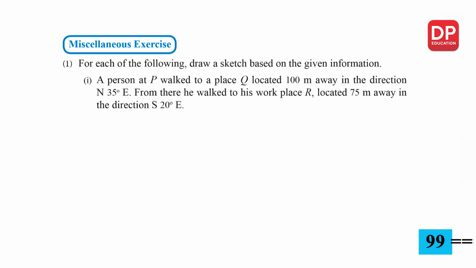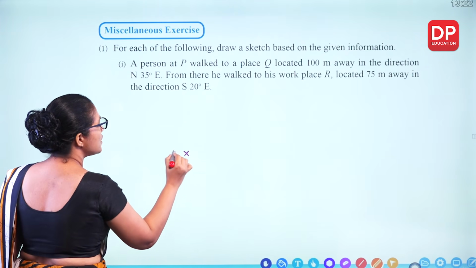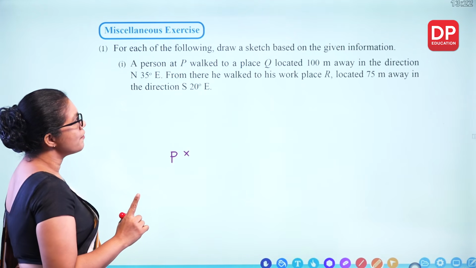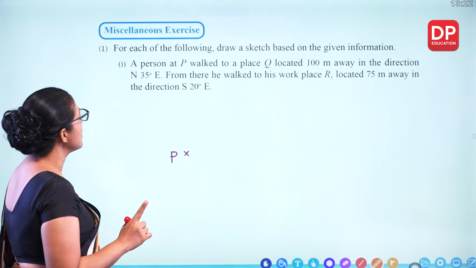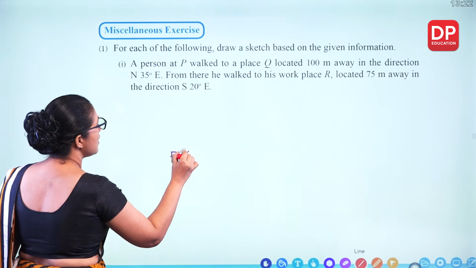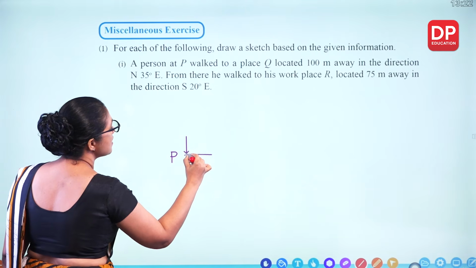Miscellaneous exercise. For each of the following, draw a sketch based on the given information. A person at P, we take P, walked to a place Q located 100 meters away in the direction north 35 east. That means this is north, this is east. 35 is somewhere here.